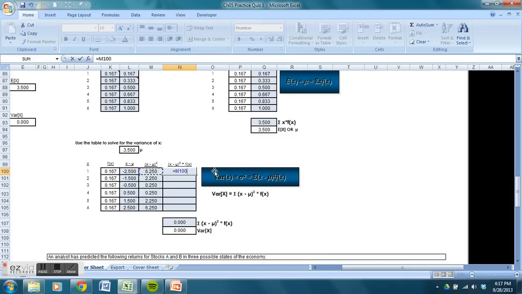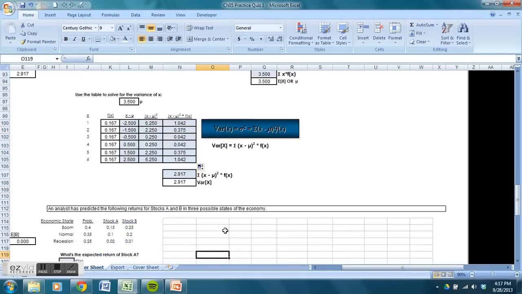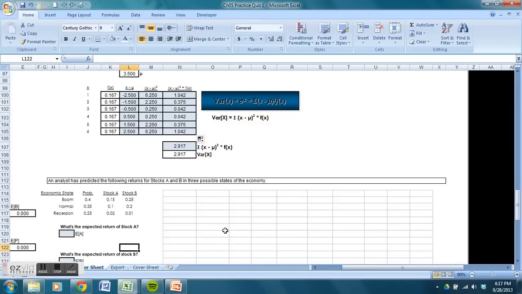X minus mu squared. Whoops, sorry. This is x minus mu squared. Sheesh. Multiplied by the probability. Bring that down. Oh, same answer. So however you want to do it. There's the variance of x.